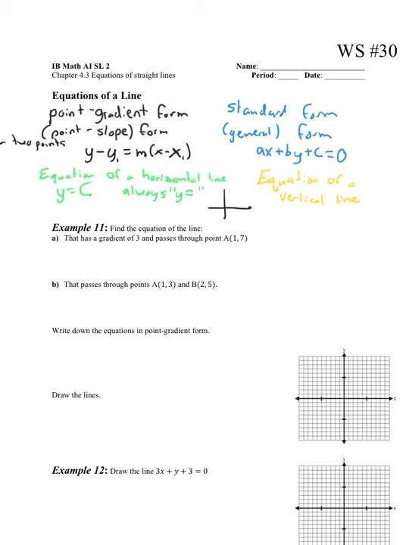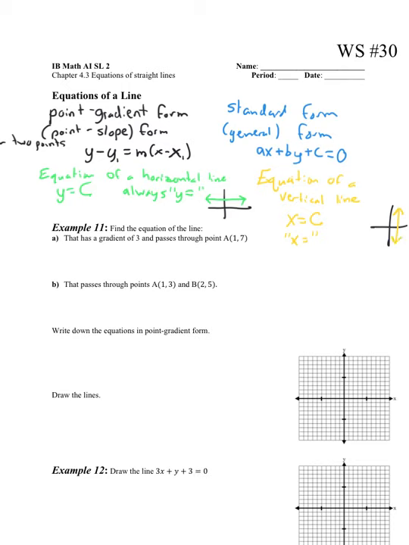If I were to sketch a graph real quick, that would be my horizontal line on it. And then equation of a vertical line is always going to be x equals. In this case, x equals c, or we can always just say x equals. Those are the 4 equations for today.